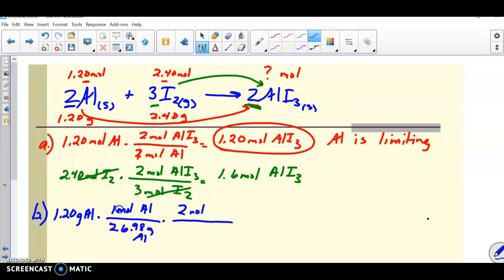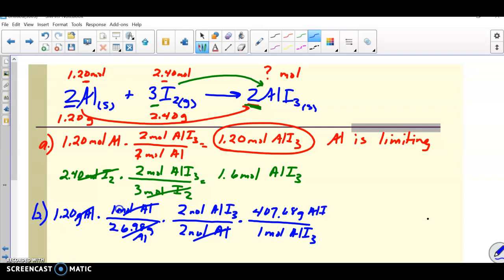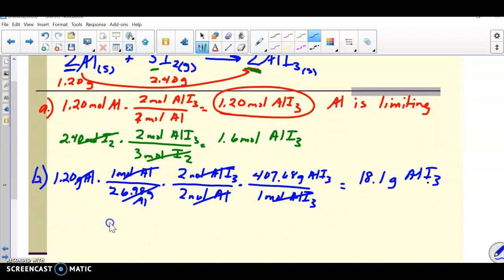Okay, 2 moles of AlI3 to 2 moles of aluminum times, do my canceling here as I'm moving along, 1 mole of AlI3, figuring out the mass, the molar mass of that is 407.68 grams. Doing my math through here, I got 18.1 grams of AlI3. Okay, so that was figuring it out if I used 1.2 grams of aluminum.